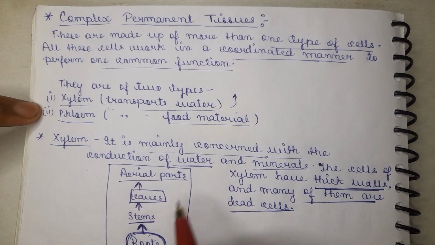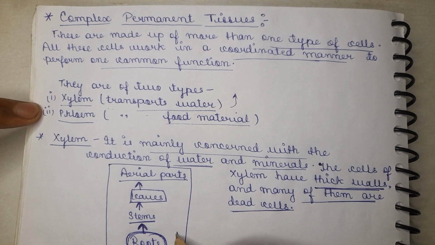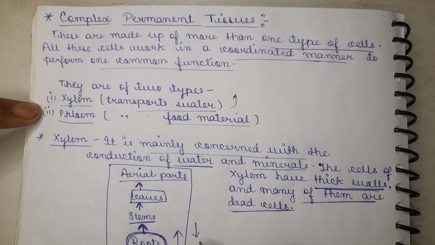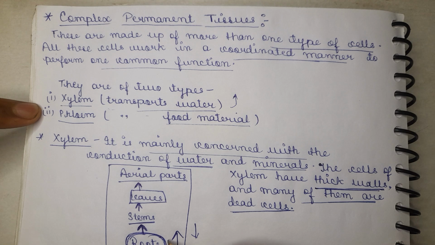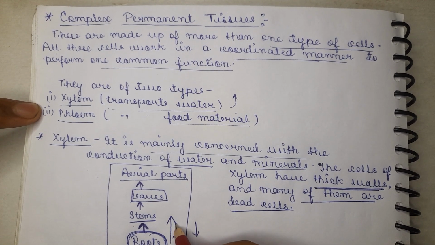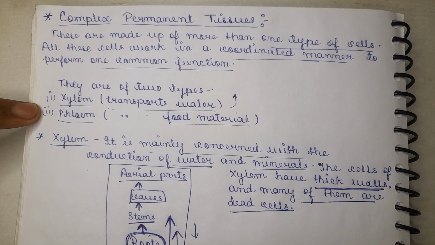This is how the xylem tissue conducts water. They actually work against the gravitational pull. That means gravity is toward the earth, but they work against gravity, and the water conduction is against the gravitation.